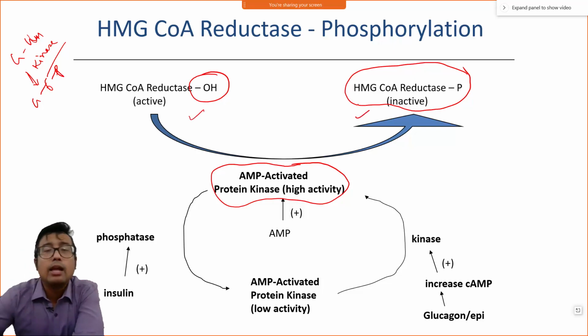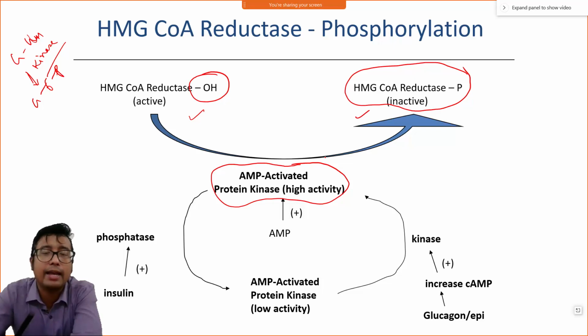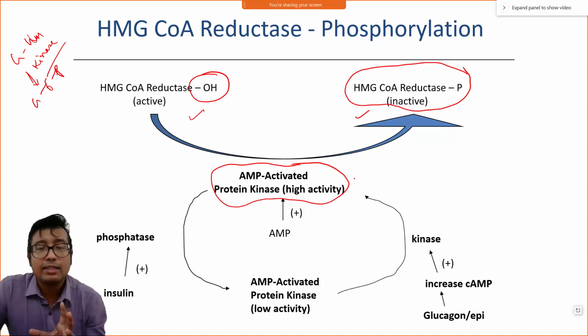In turn, now this AMP dependent protein kinase also needs to be activated. This is the same mechanism which you have studied for other enzymes in carbohydrate metabolism. The kinase also needs to be activated.